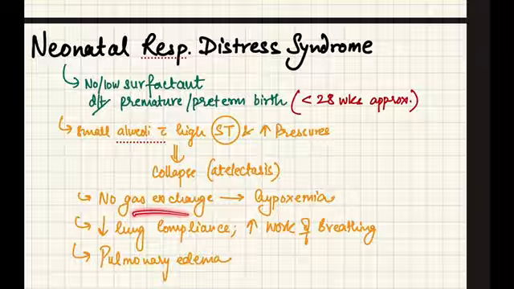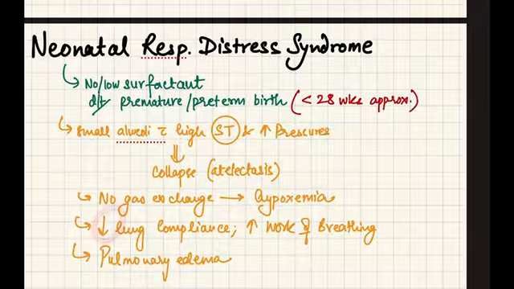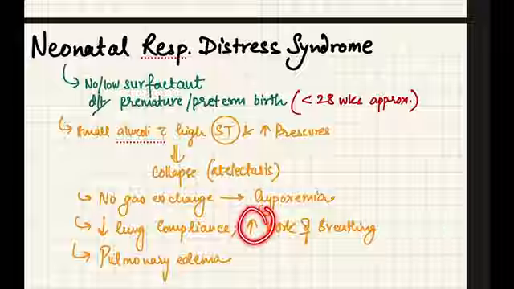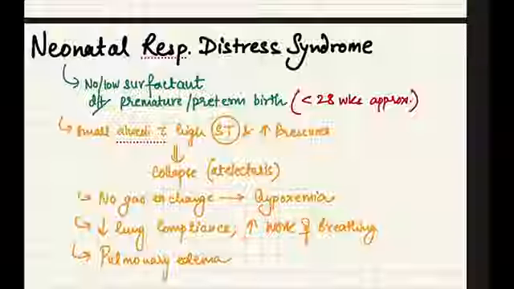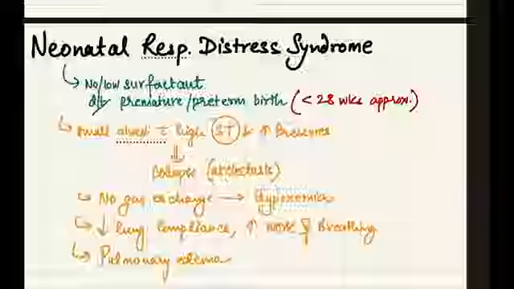So no gaseous exchange occurs. The infant ends up with hypoxemia. Without the surfactant, lung compliance decreases and the work of breathing is increased, and since surfactant also keeps the alveoli dry, there will be pulmonary edema as well.